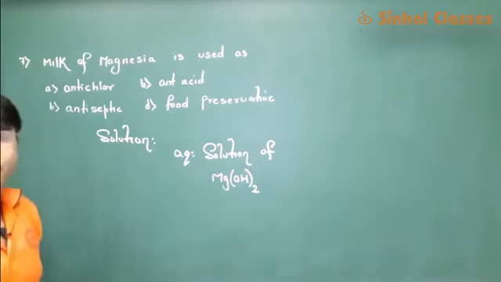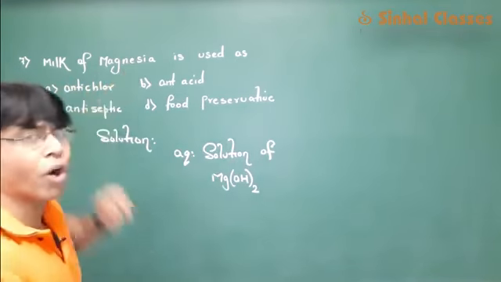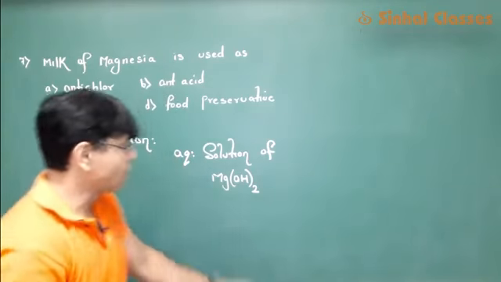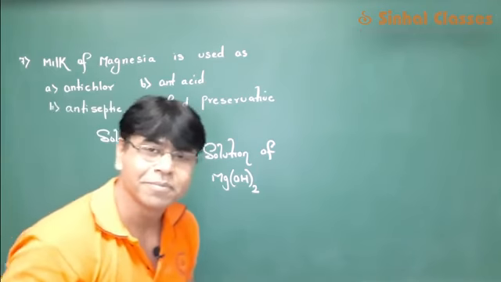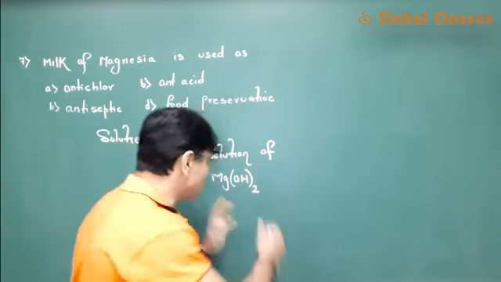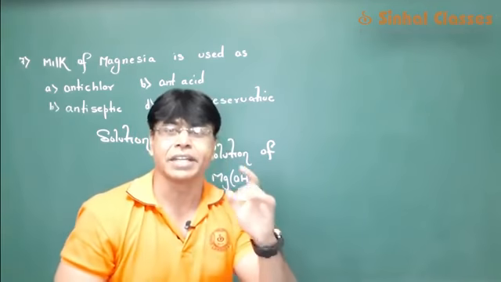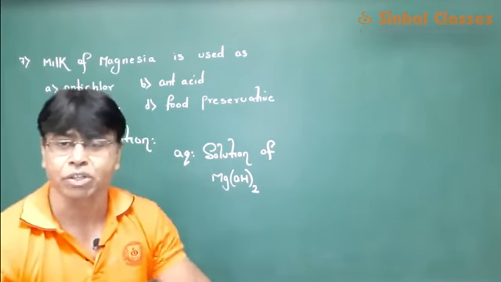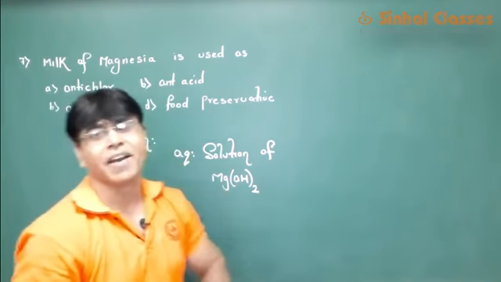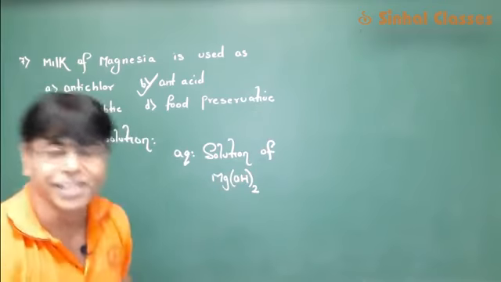Now, since it is a base, definitely it will neutralize acid. That's the reason it is used as antacid. Antacids are those which neutralize acidity. So your answer for this question is B.